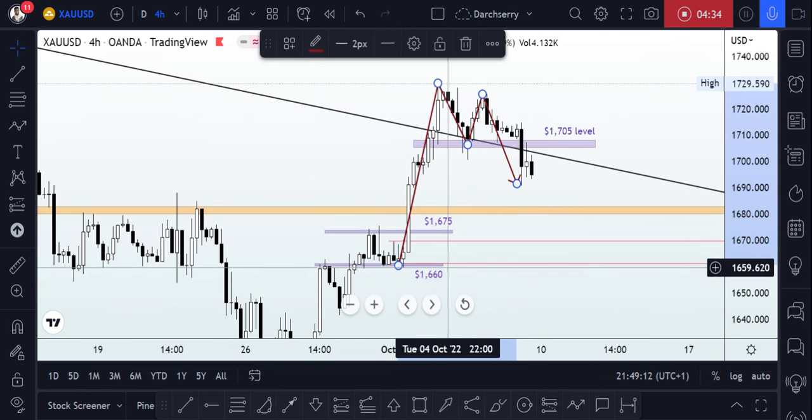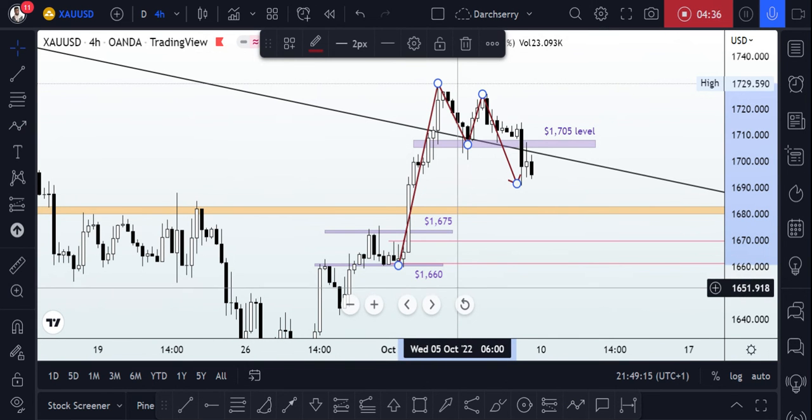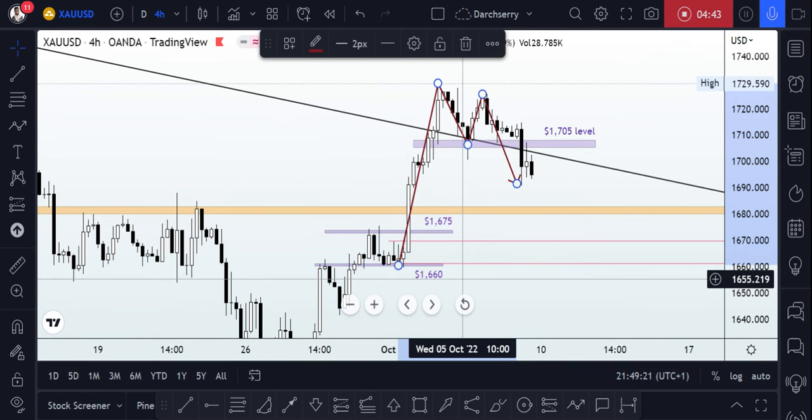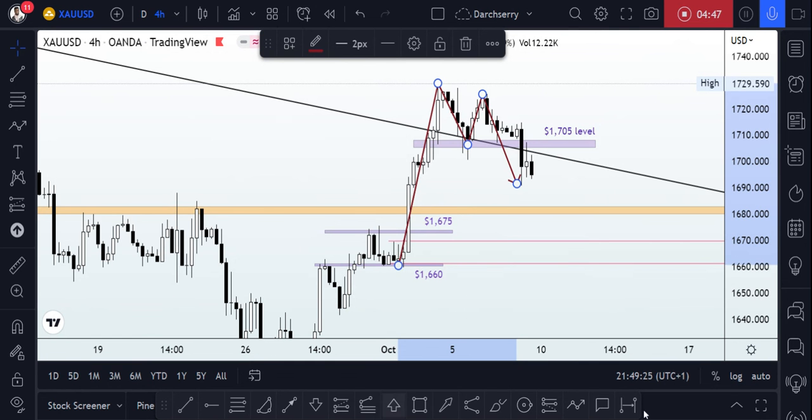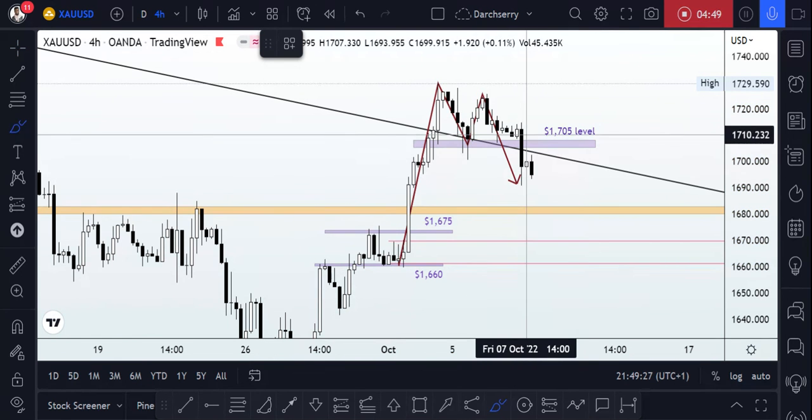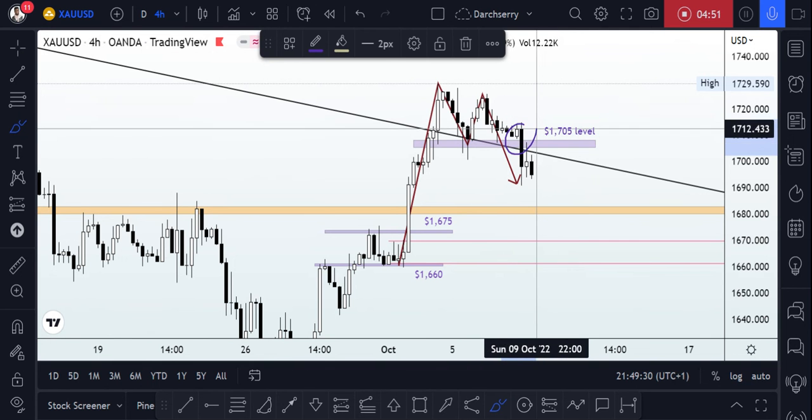This is more or less a result of the positive NFP result that came out, and it appears that the dollar is gaining traction here. So we have a breakdown of the neckline at the $1,705 area, which confirms that this reversal pattern is mature.